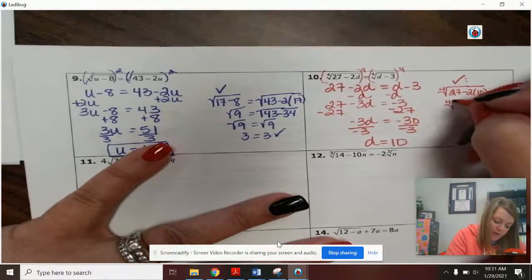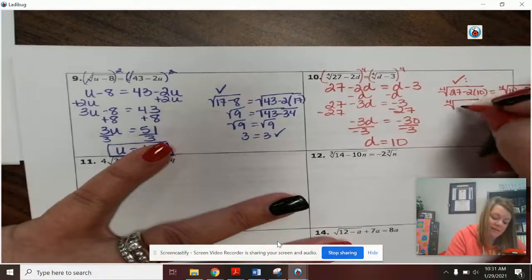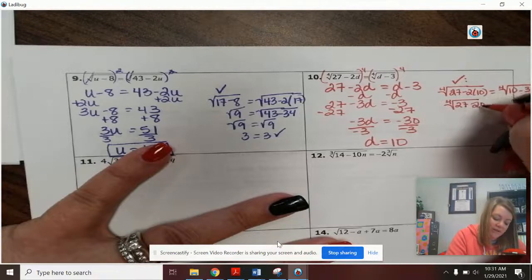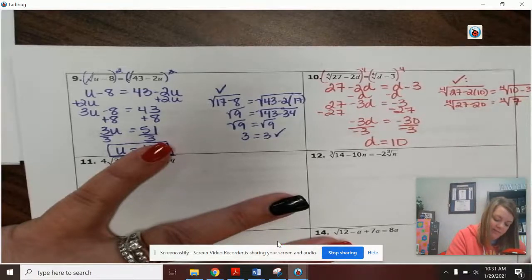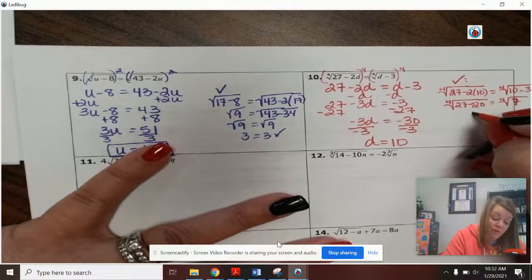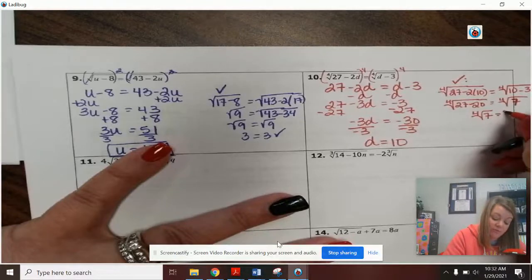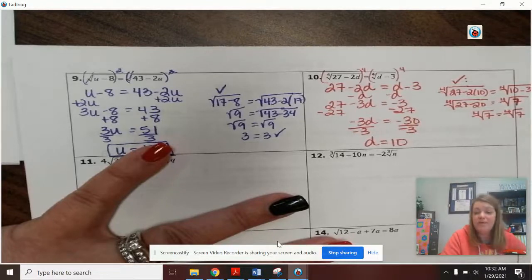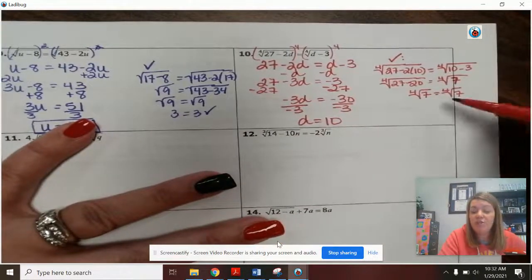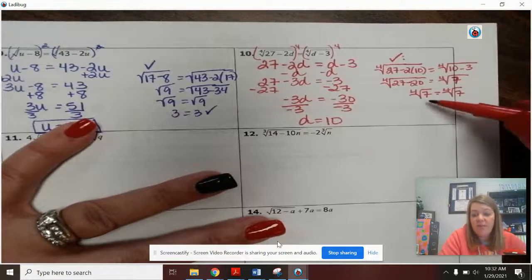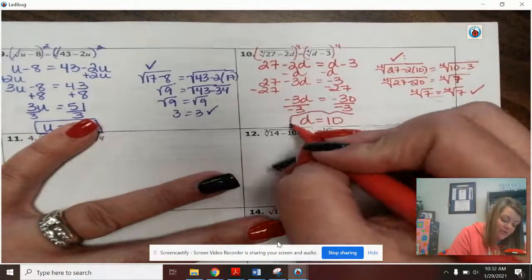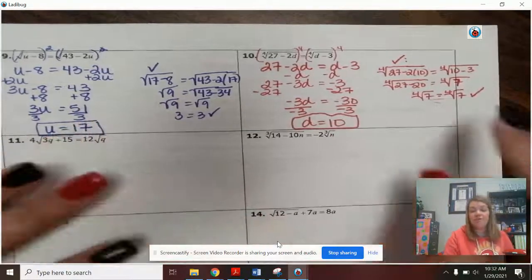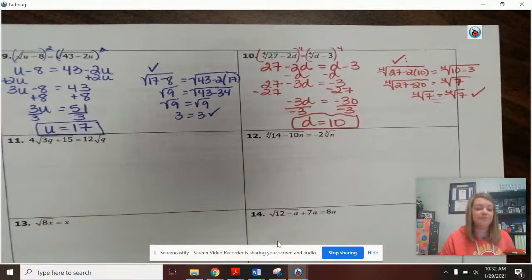Okay, so 27 minus 20 is what I have on the left, and 10 minus 3 is 7 on the right. 27 minus 20 is also 7, so I'm left with the fourth root of 7 equals the fourth root of 7. And no matter what I do, if I stick that in the calculator to get a number, that's fine, but they definitely equal each other anyway. So it's fine. We don't have to try to get the exact answer there. We just have to know that they equal each other.